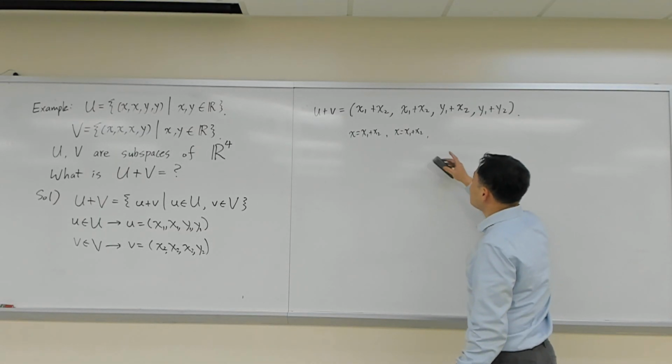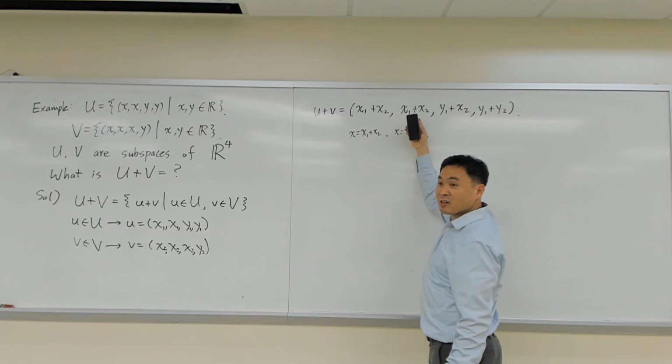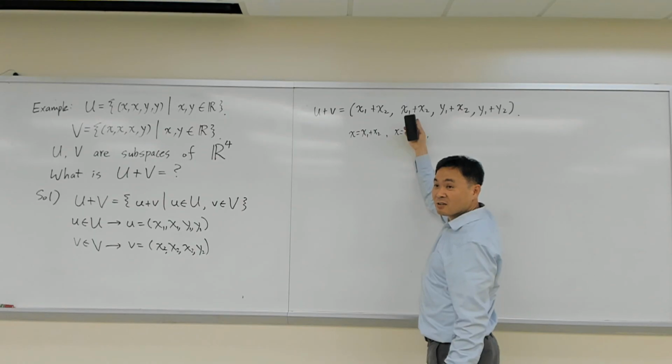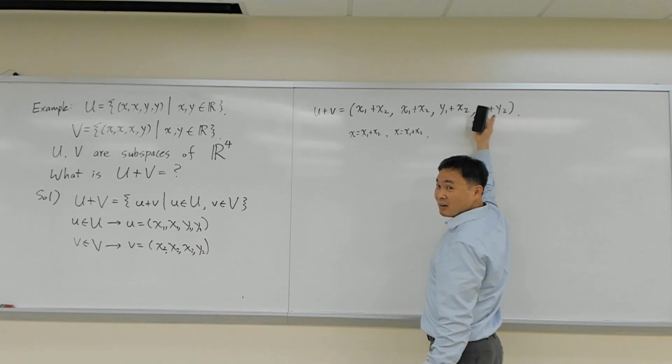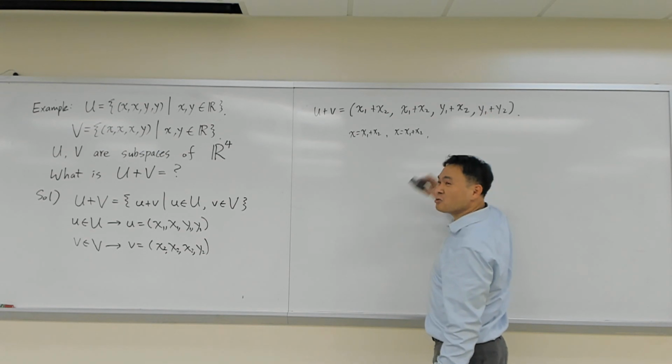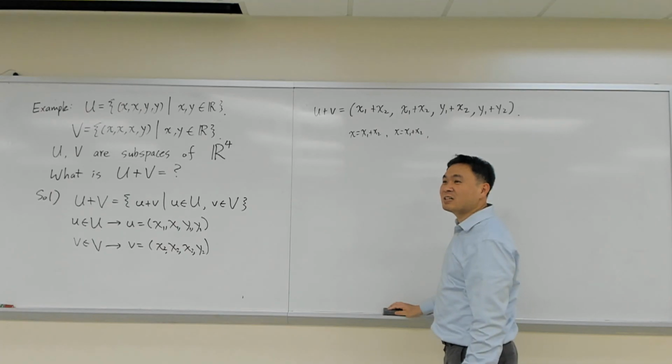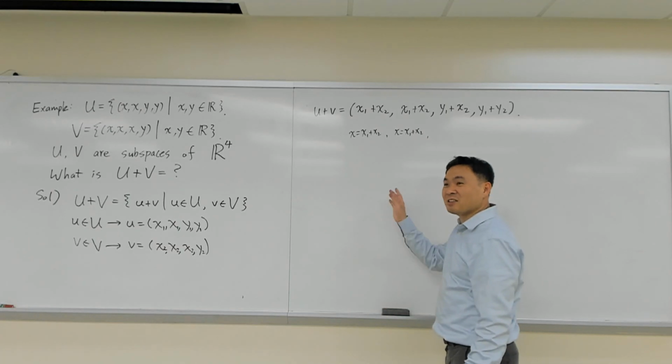But you do see that the first two coordinates are the same. How about these? Can these be arbitrary? Arbitrary means anything. Can it be anything?